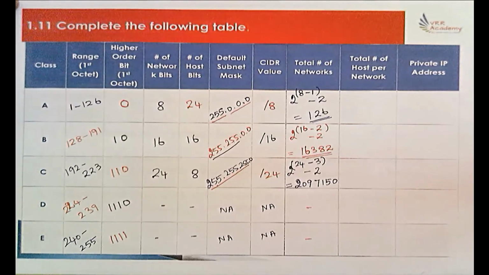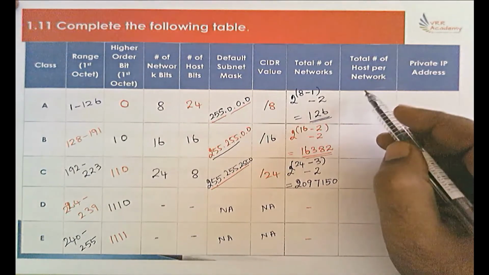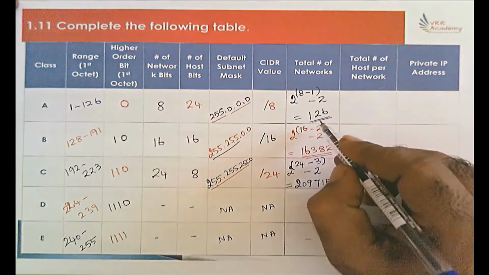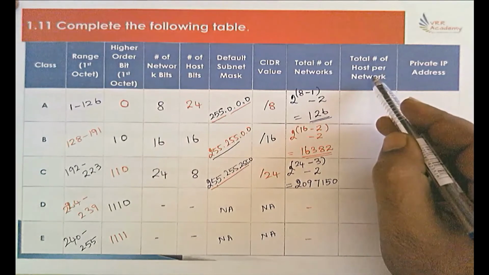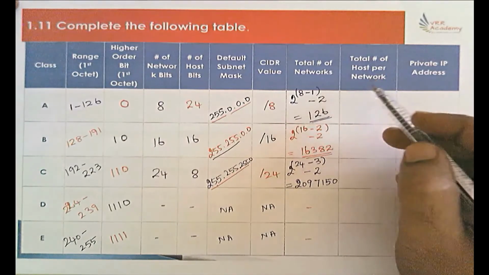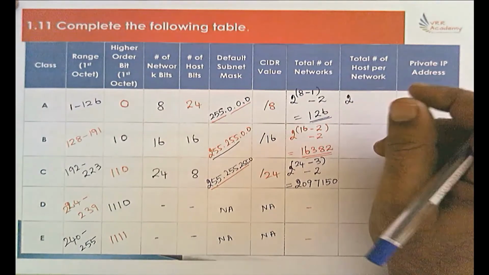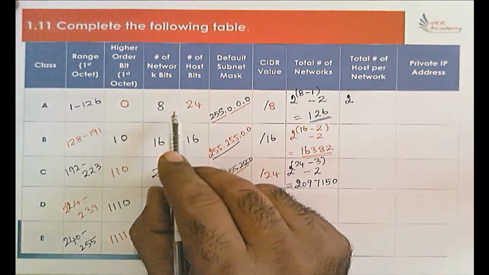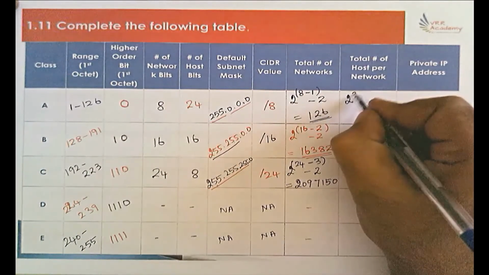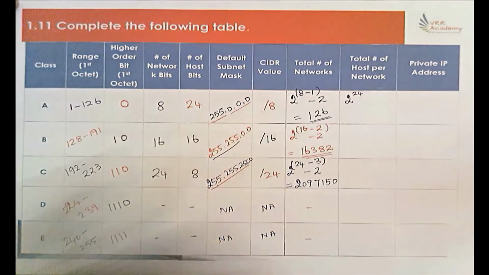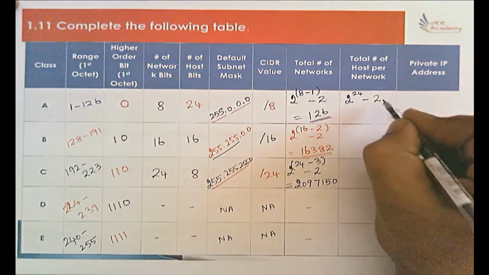Moving on to the next one, total number of hosts per network. In each network, how many hosts can you have? I am going to take the same formula: 2 to the power of the number of host bits, which is 24. So 2 to the power of 24 minus 2. Why are we doing this minus 2?